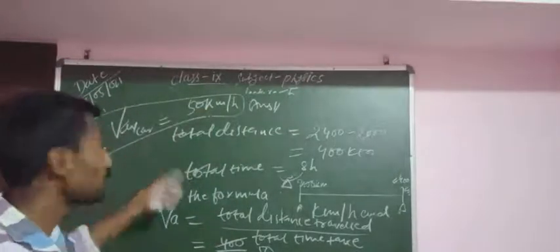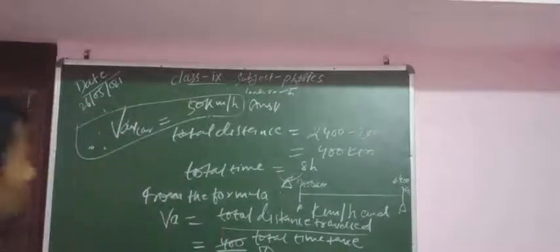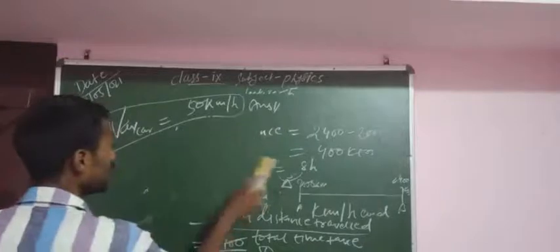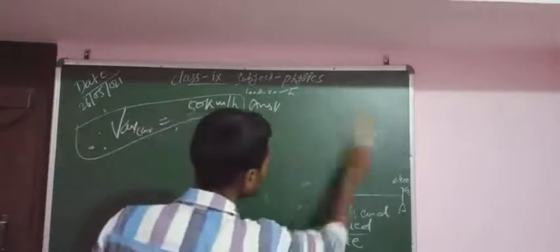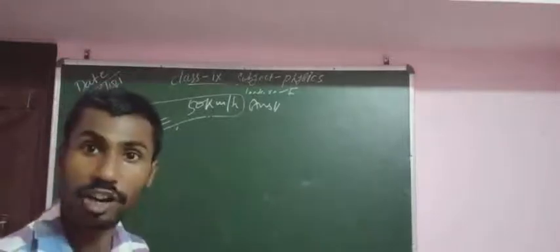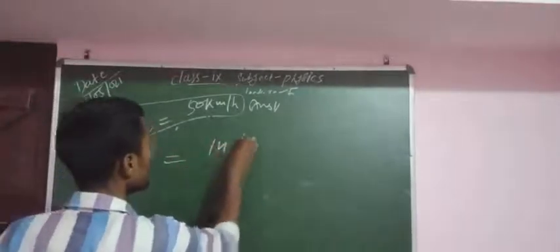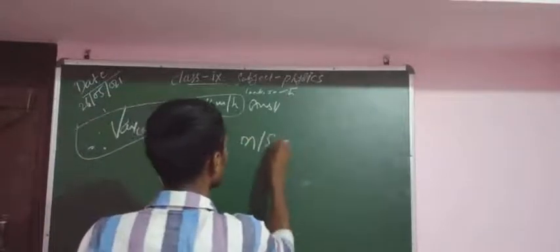So the value is in kilometer per hour. Now you should find the average speed in meter per second. We should change the kilometer per hour into meter per second. So V_AB will be equal to 50 kilometer per hour. I told you in the last classes how to change kilometer per hour into meter per second.